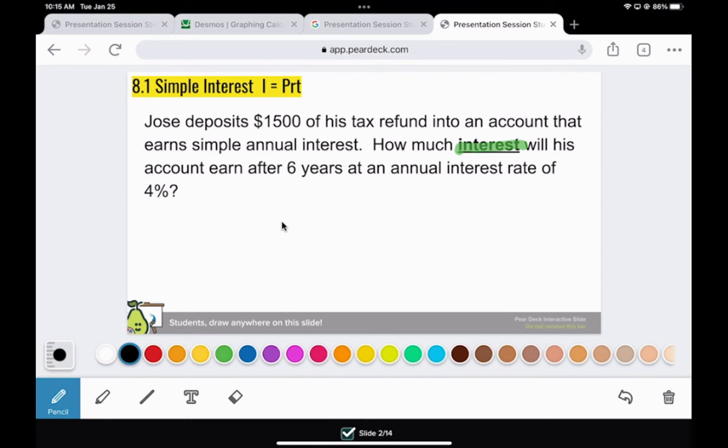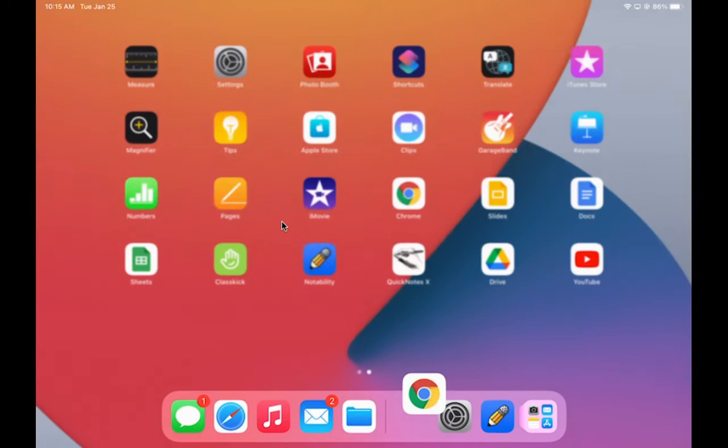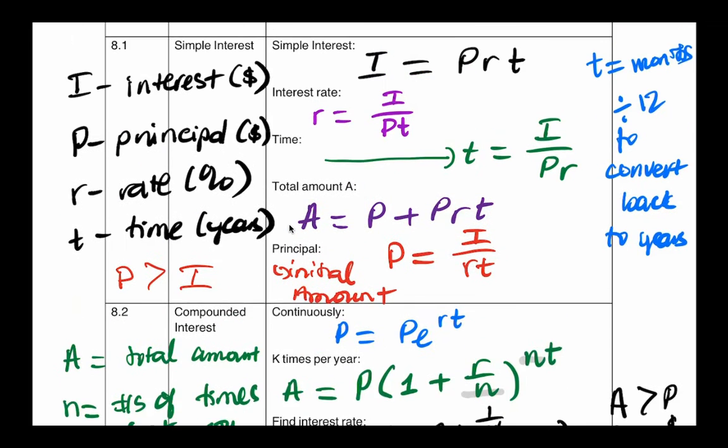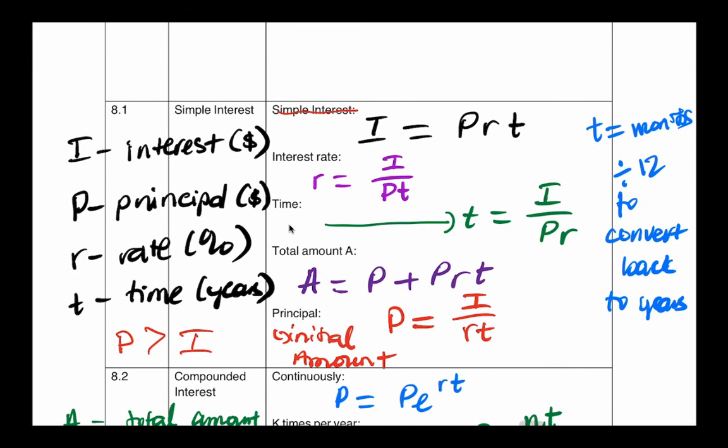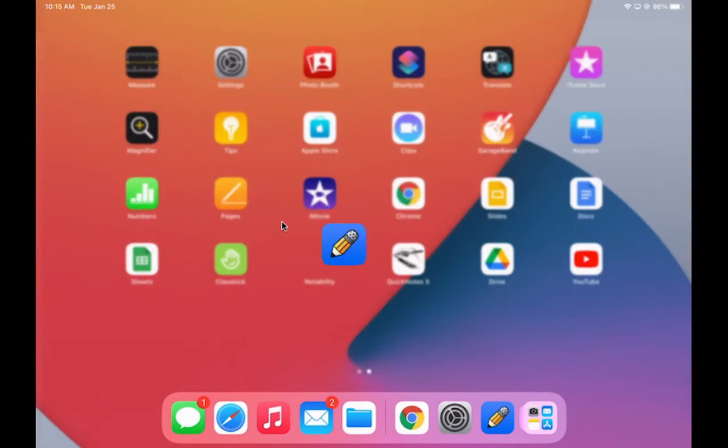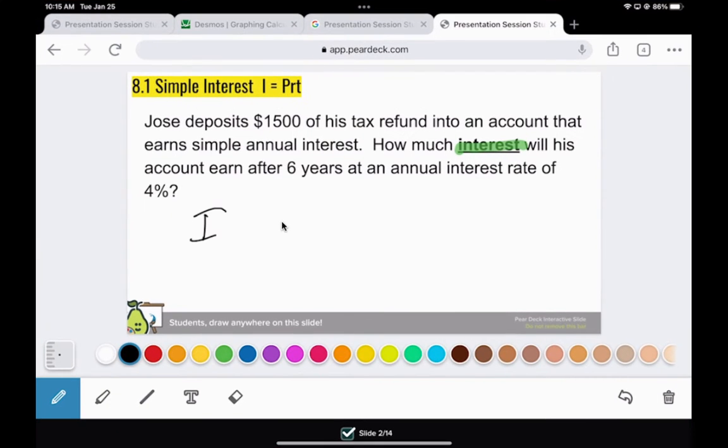So this is something that I would do if I had my notes. I would go back and look at my notes. It says simple interest, which is right here. So that's the formula I'm going to use, right? So I have I equals P R T. Now it's just a matter of me going back and identifying which one is what.